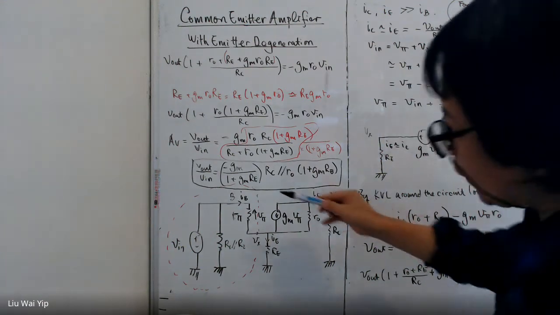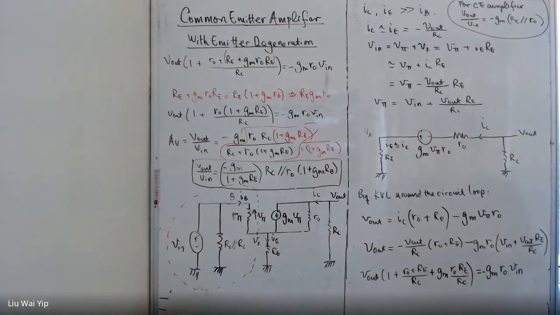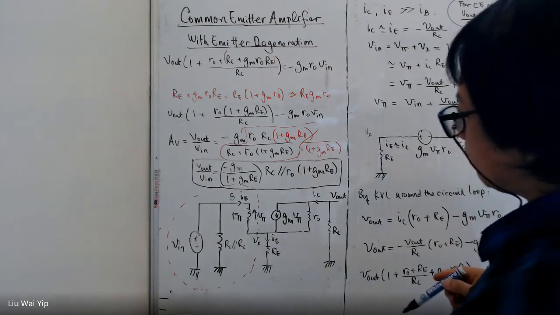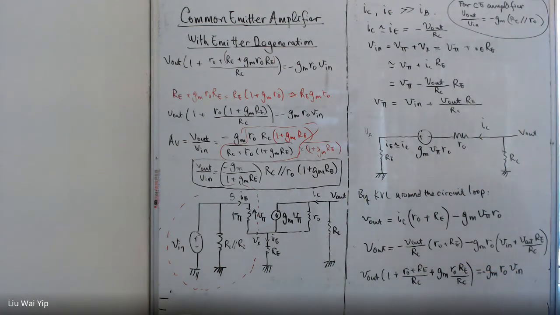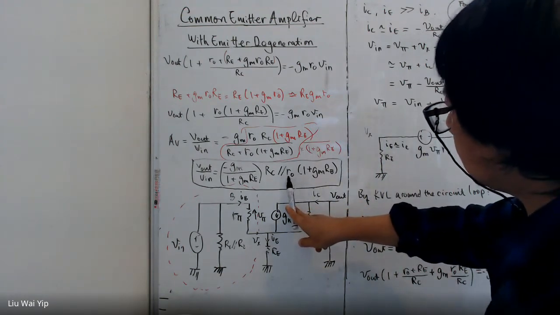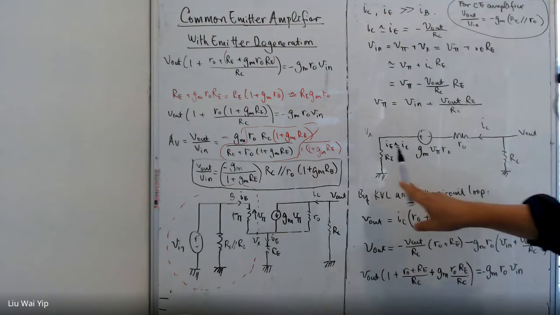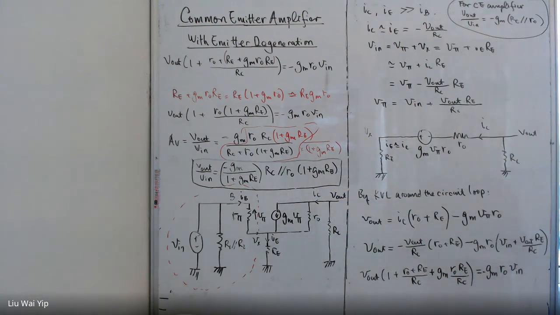And we know that the transconductance here is scaled down by 1 over 1 plus gm times RE. The early effect resistance here is scaled up by 1 plus gm times RE. So this is the point we need to learn.